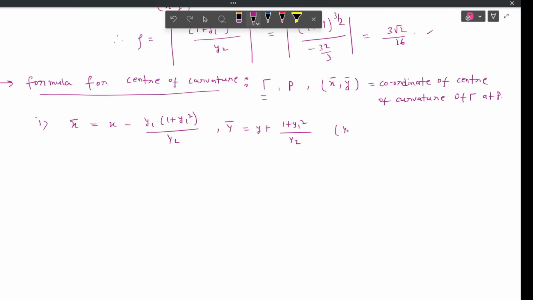And for both of these, y2 can never be 0 because it is in the denominator. Now y1 is dy by dx and y2 is d2y by dx2 at point P.